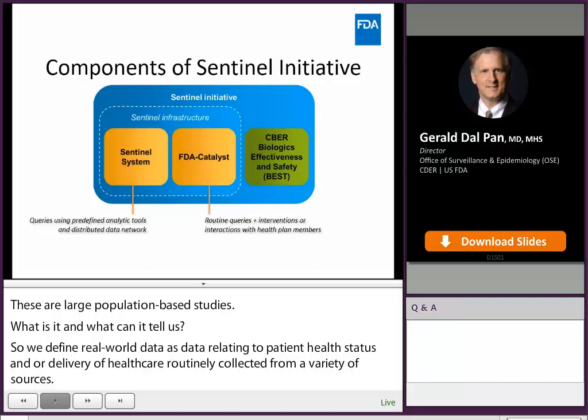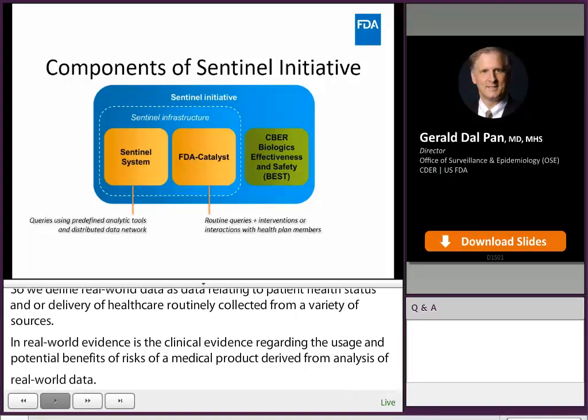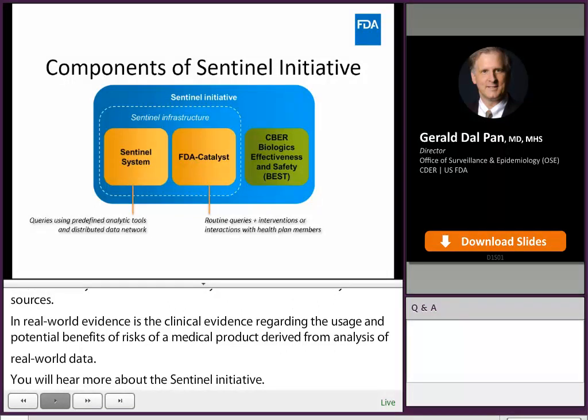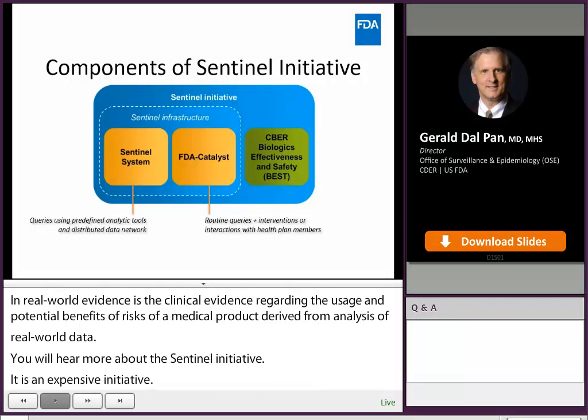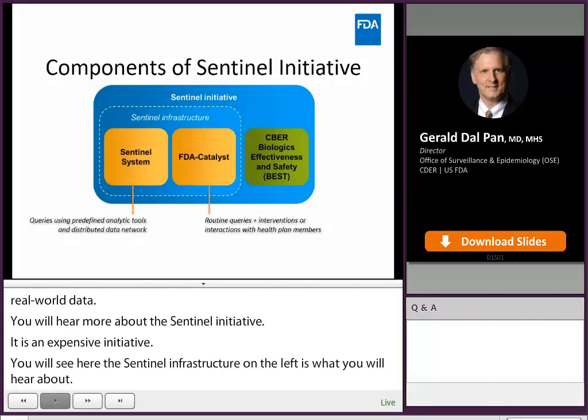You'll hear a lot about the Sentinel Initiative. The Sentinel Initiative is an expansive initiative, and you'll see here the Sentinel infrastructure on the left is what you'll hear about. The Sentinel system itself is based on queries using predefined analytic tools and a distributed data network.